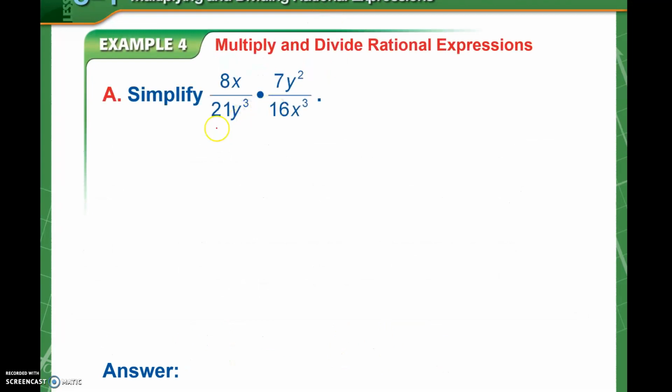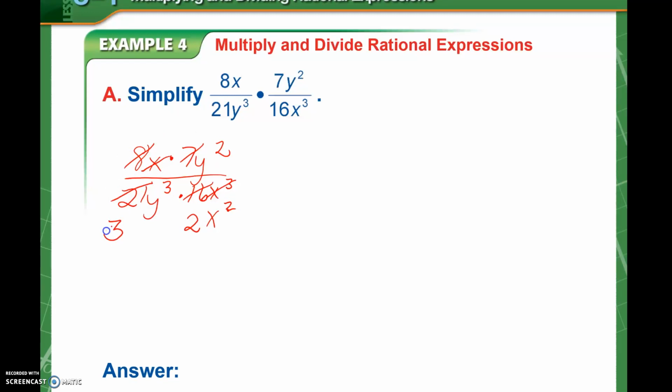If I want to multiply these, I would just multiply the top, 8x times 7y squared, over the bottom, 21y cubed times 16x cubed. And we factor our common factors, so x and x cubed would be x squared. 8 goes into 16 twice. 7 into 21 is 3 times, y squared, and we're left with y.